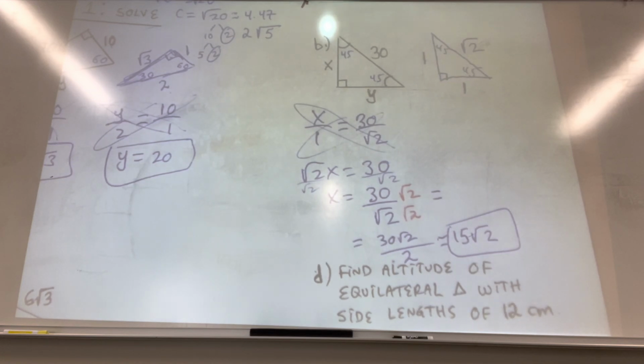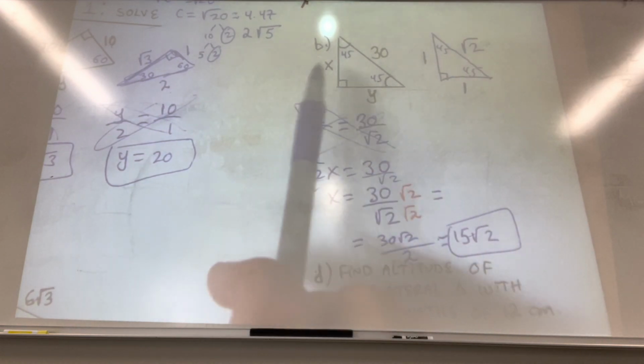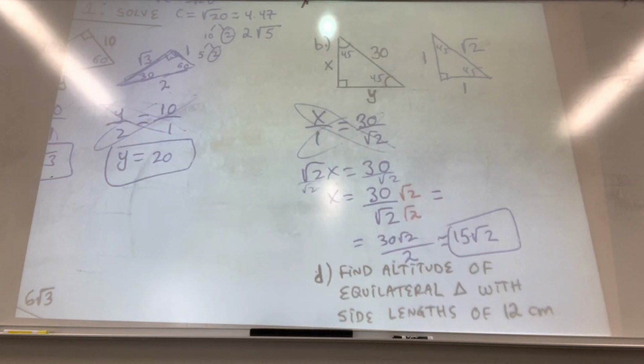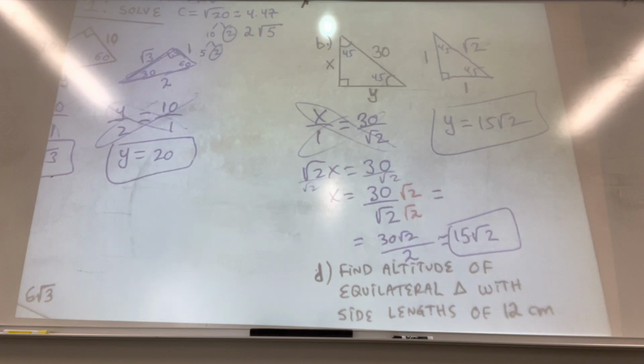And this is one of those where, wait a minute, what do I know about the legs of a 45, 45? So do I need to do it all over again? You could, but we won't. Okay?